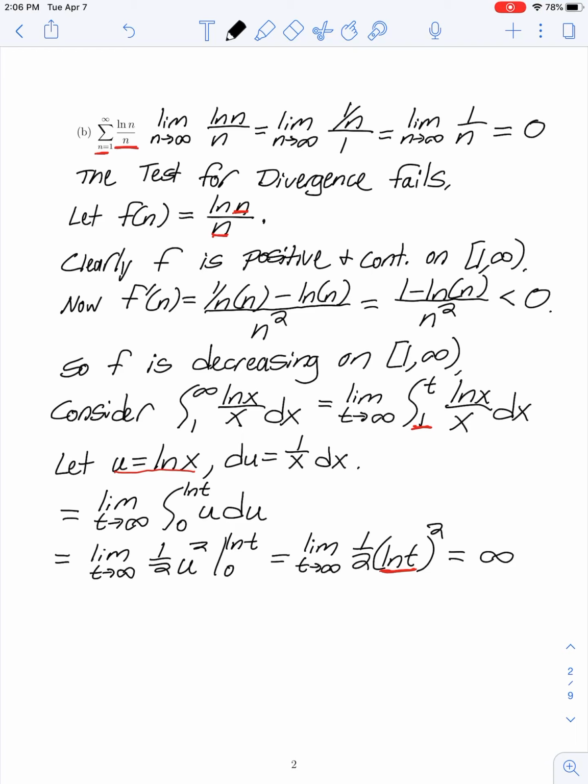It's approaching infinity. So here, our improper integral diverges. It did not approach some real number. And if our improper integral diverges, the integral test says the series diverges. So here we can say the series diverges by the integral test.